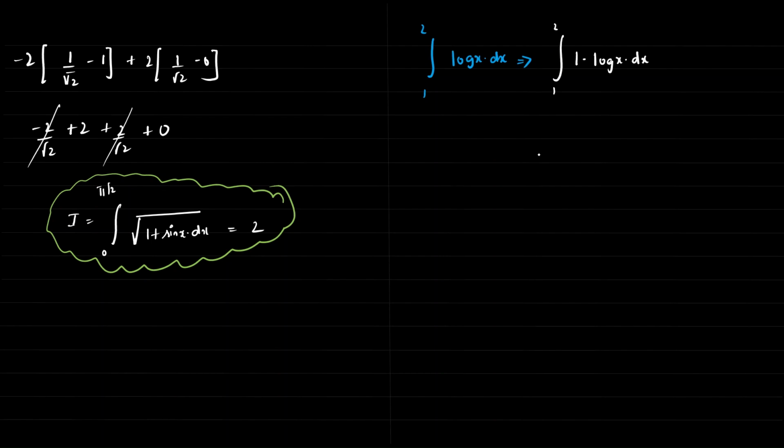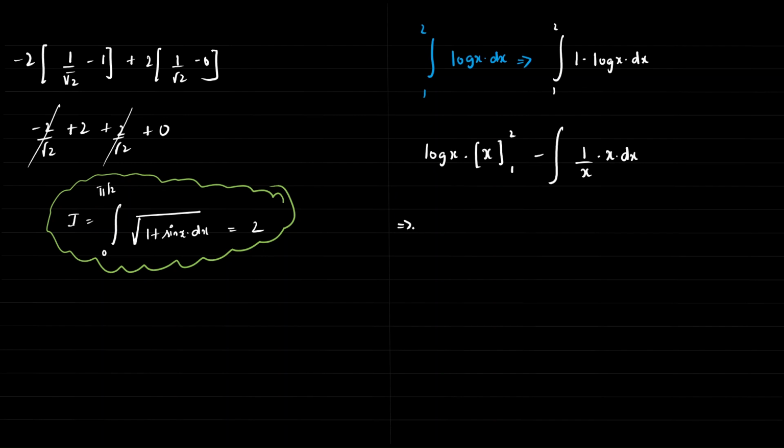Here the first term can be taken as log of x, and it is going to be multiplied by x, with x from 1 to 2, minus the integral of the differential of log x, which is 1 over x, multiplied by x with respect to dx.